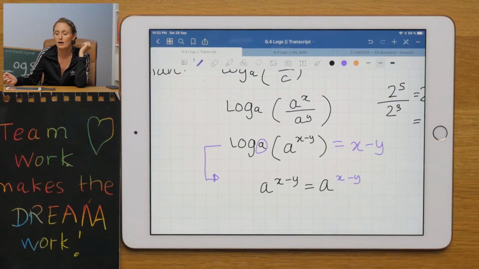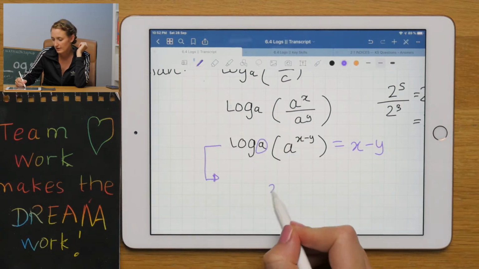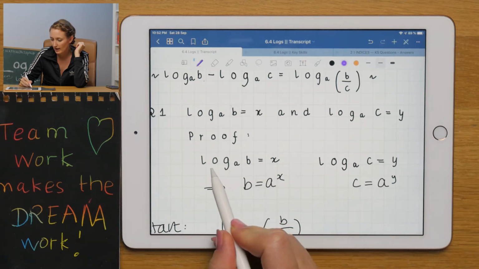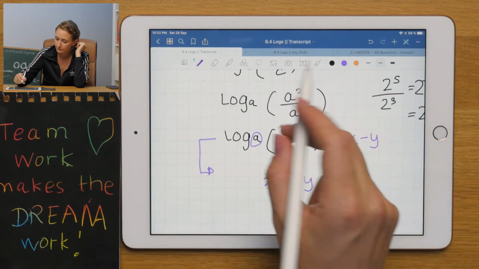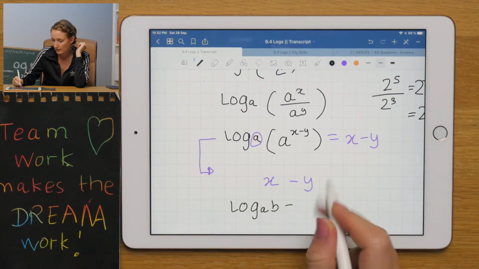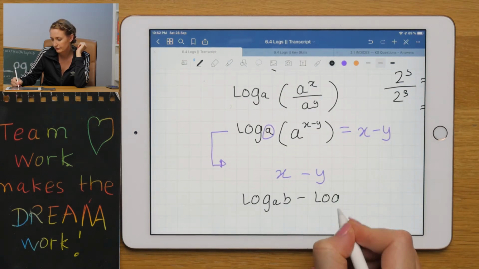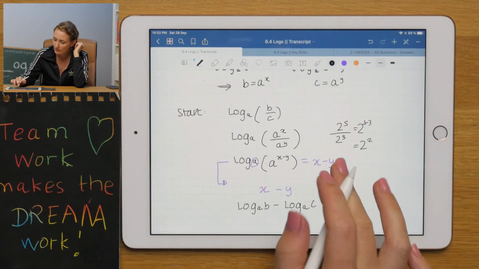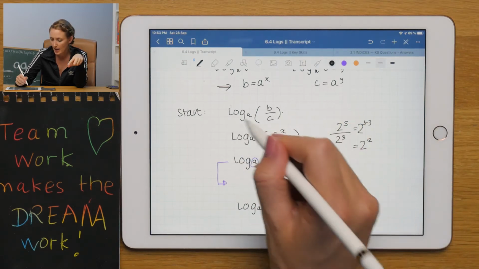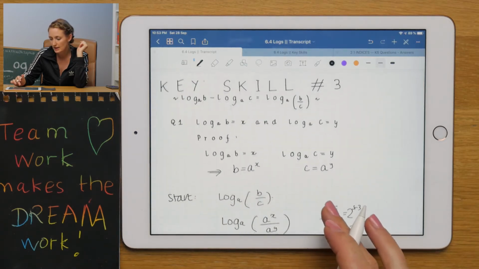I hear you going, right, so this is X minus Y. And then we can go right back to the beginning and say, well, that's the same as log A B minus, and Y was log A C. So we started on the side that had the divide, the one logarithm that had B divided by C, and then we finished on the other side that had the two logs and the minus in between.